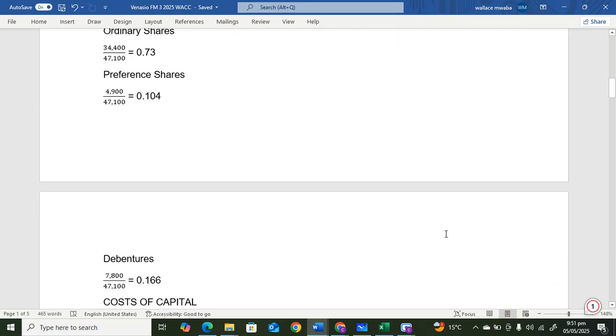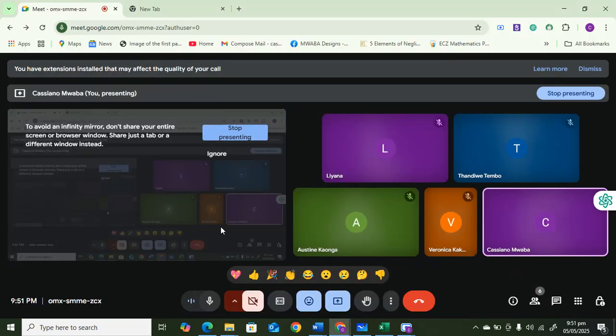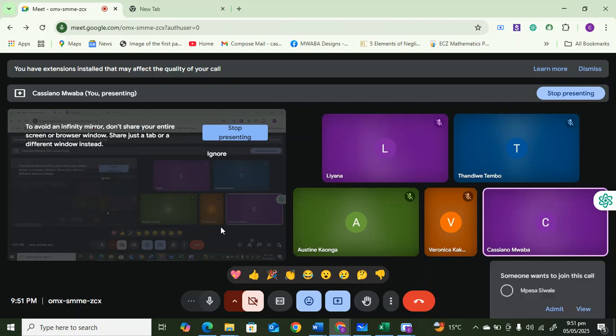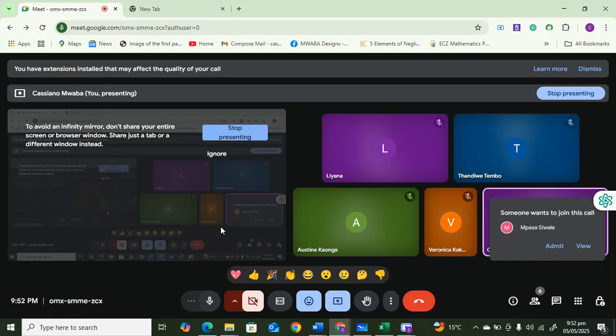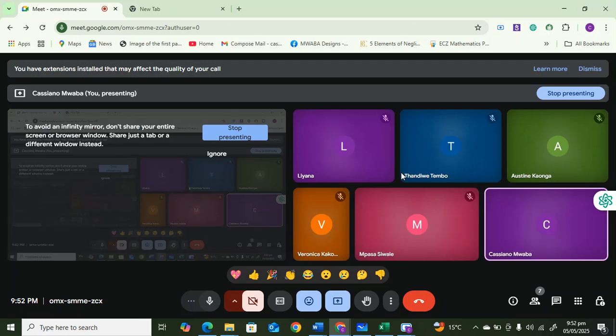I hope colleagues will remember how to get these weightages. How do we get the weightages? How do we get these weightages?